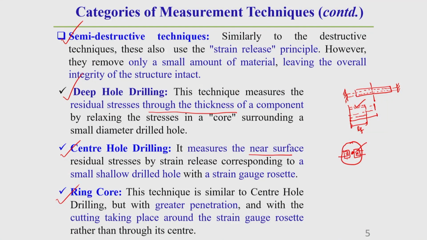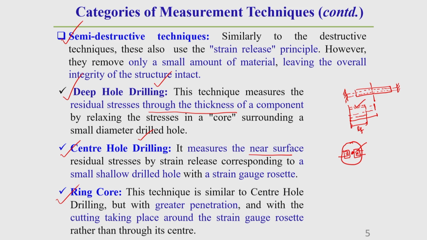So, the center hole drilling technique generally measures near-surface residual stress, while the deep hole drilling technique measures the through-thickness residual stress. Now, the ring core method is similar to the center hole drilling technique, but the difference is that greater penetration occurs, and the cutting takes place around the strain gauge rosette rather than through its center.